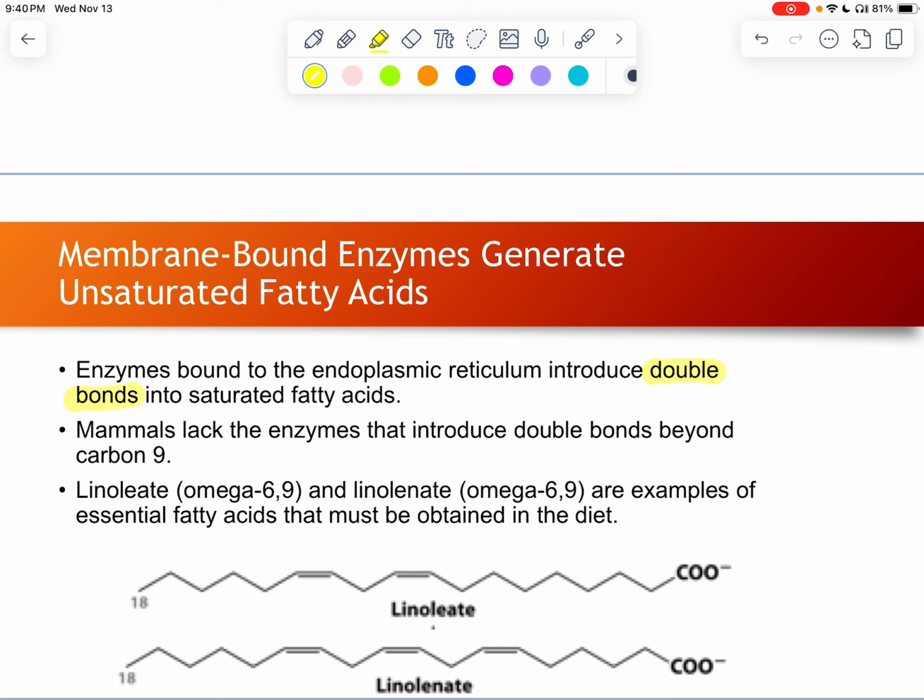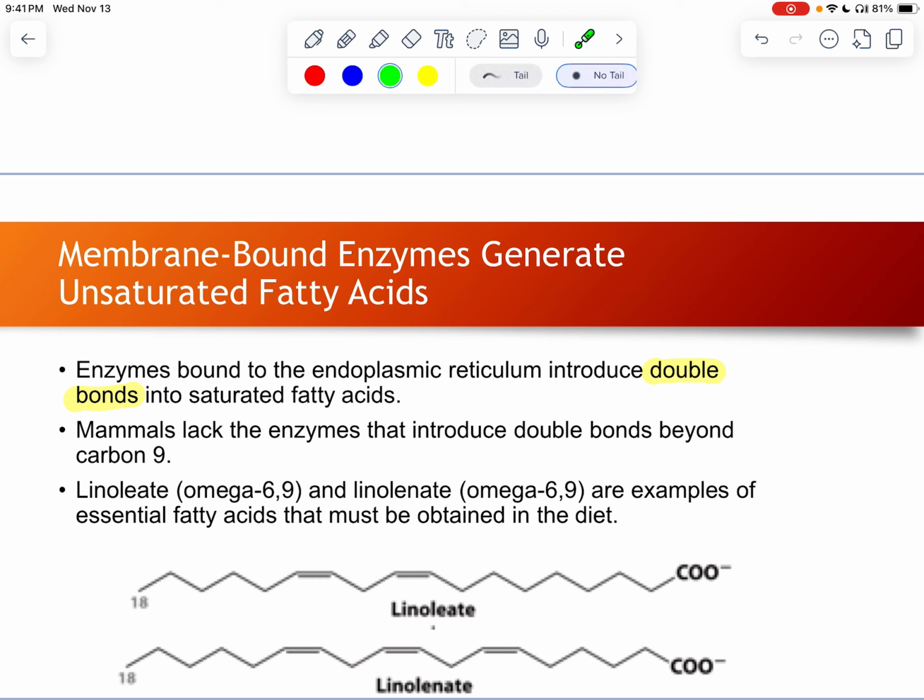Mammals lack enzymes that introduce double bonds beyond carbon 9. So if we take a look at these two, linolenate and linoleate, these are what we call essential fatty acids, because take a look at where their double bonds are.